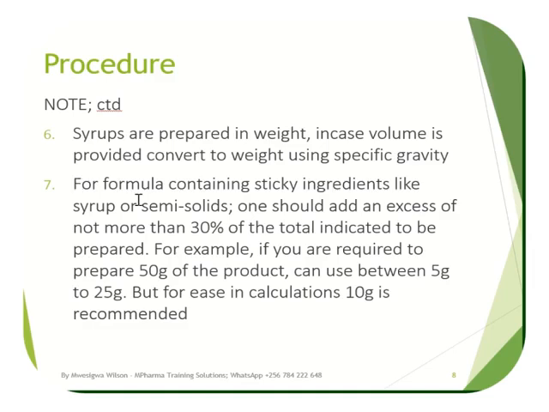For example, if you are required to prepare 50 grams of a product, you can use between 5 and 25 grams as the excess, which means that what to prepare will be between 55 and 75 grams. However, sometimes for easy calculations, some people prefer to use 10 grams as recommended, but always state a reason why you are adding an excess. For example, you can say these are sticky ingredients and they can stick on the containers.